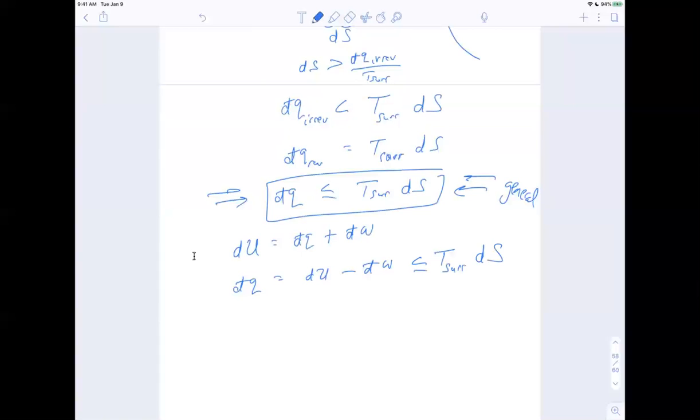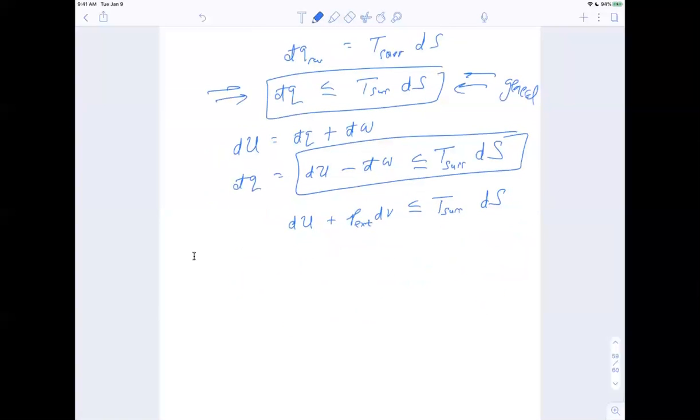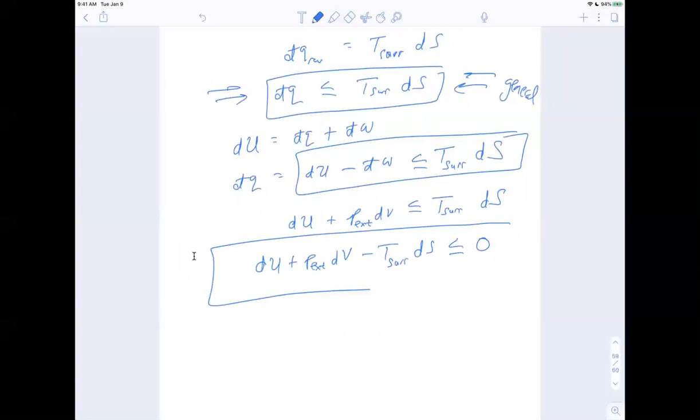So what I have then is this left over: dU plus P external dV is less than or equal to T surroundings times dS. Now I bring everything over. What I get is dU plus P external dV minus T surroundings dS is less than or equal to 0. That's what this allows me to do.